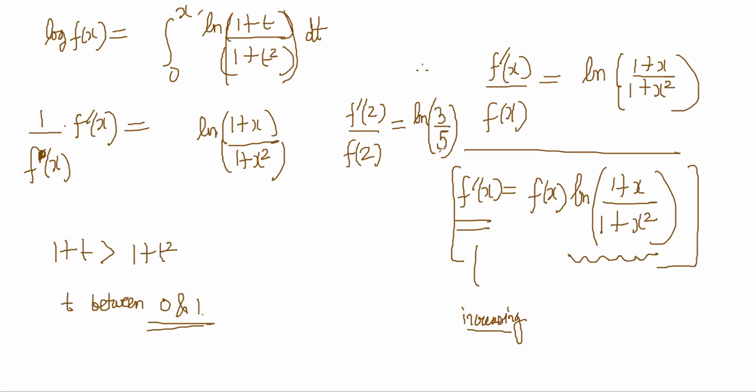Which is less than 0. ln 3 by 5 is less than 0. So f dash 2 is less than or equal to 0, negative it will come. You can basically start checking options now.